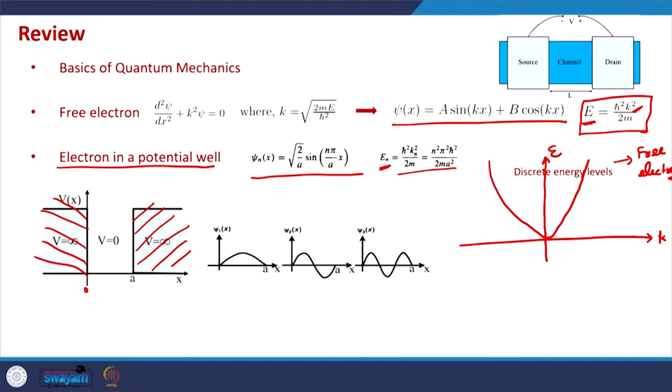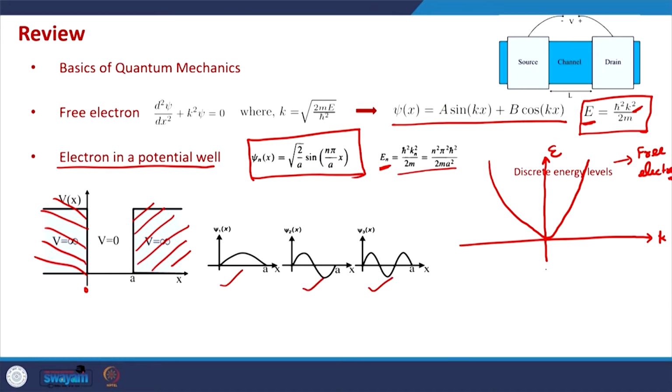It cannot have any arbitrary energy and exist in the potential well. It can only take a certain set of energy values, and corresponding to those energy values the electronic wave function will be defined by this equation. And these are some of the simple wave functions corresponding to various energy values.